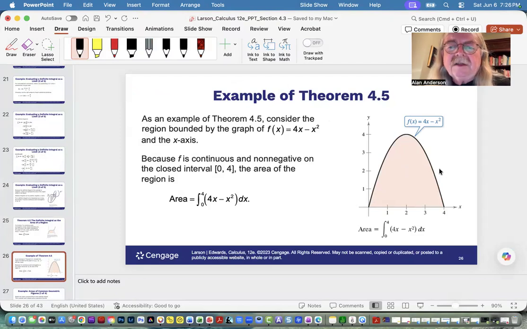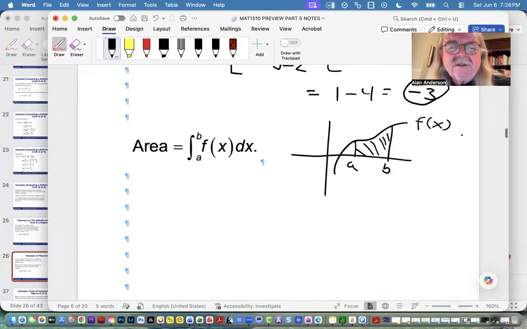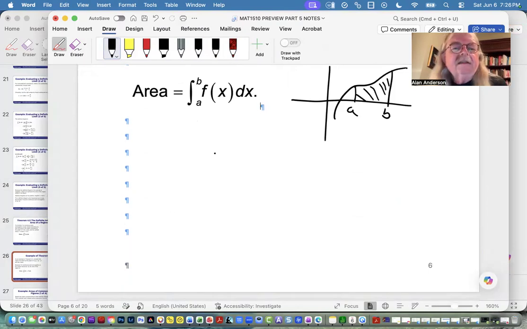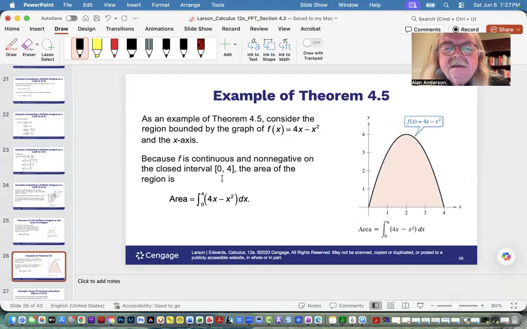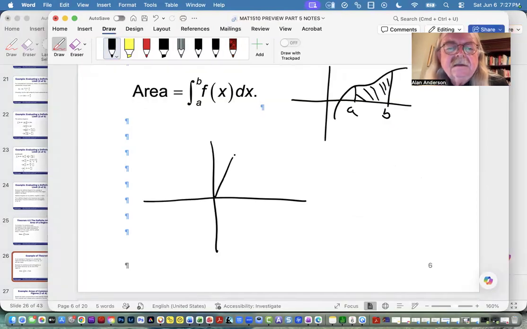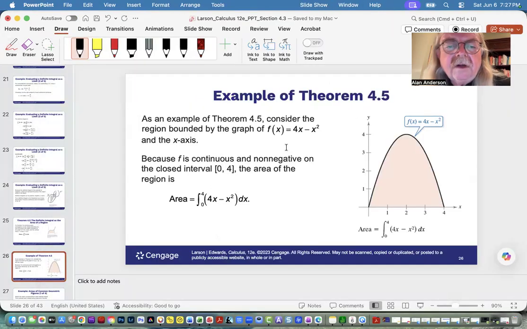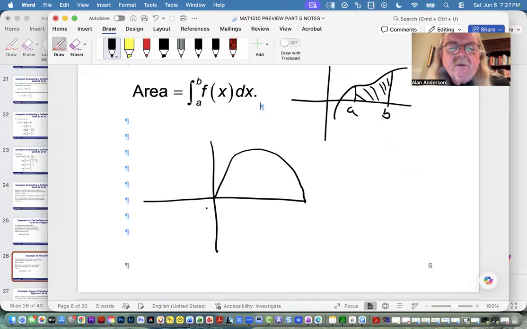All right, so here's an interesting one. 4x minus x squared. It's an upside down parabola. And we're interested in the area between 0 and 4. All right, f of x equals 4x minus x squared.